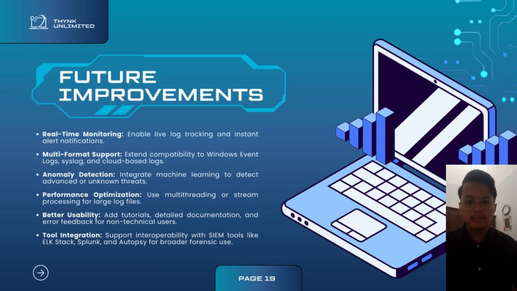Performance will be improved using multi-threading or streaming to handle large logs efficiently. We will also focus on usability by including tutorials, documentation, and clear error messages. Finally, we plan to integrate our tool with SIEM platforms like ELK Stack, Splunk, and Autopsy, expanding its role in the broader forensic ecosystem.